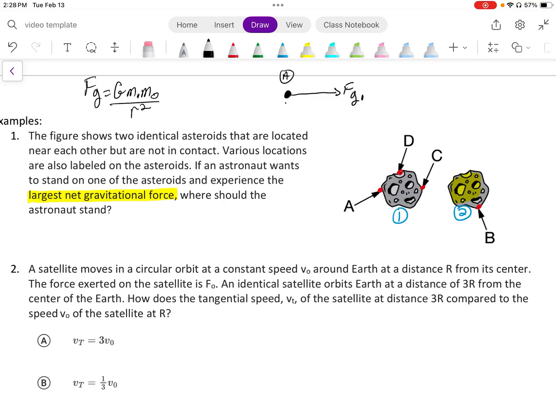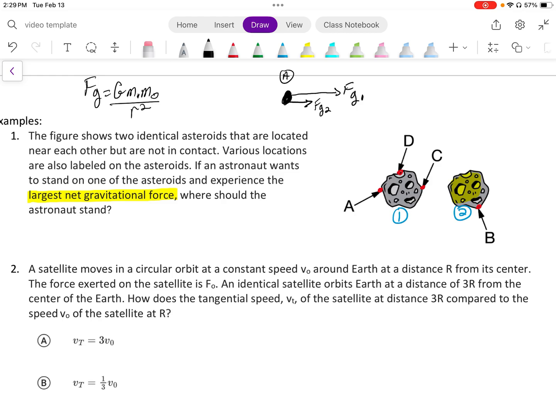So that force of gravity would be smaller because that r is larger, it's in the denominator, and it's squared. So I'll call that the force of gravity on the astronaut from asteroid number 2. So that's why that vector is smaller, okay?